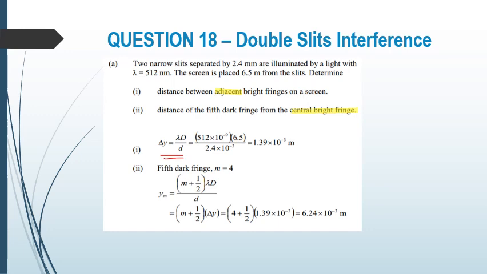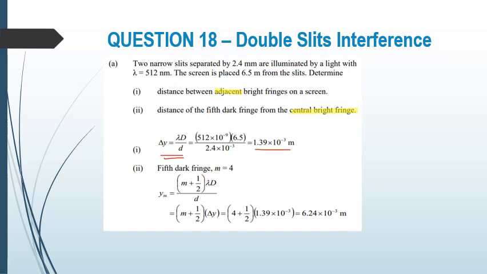Other than that, you cannot use this equation. If the question is asking for adjacent bright fringe and dark fringe, then no, you cannot calculate it using this equation. If the question is asking for first dark and third dark, then once again you cannot use this equation because they are not consecutive. The numbers of order are not continuous. So for question 1, apply this equation straight away and you can get the value.